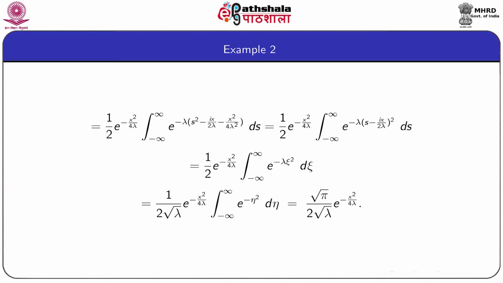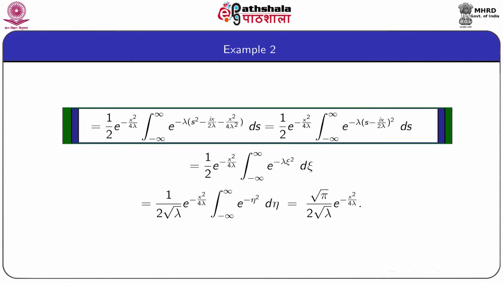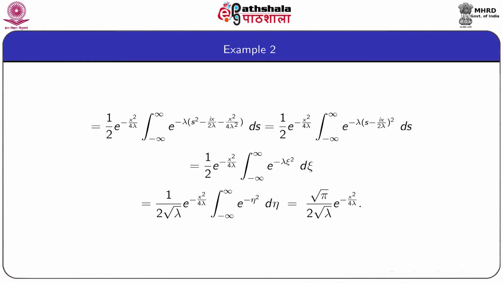Now, we can again simplify this inner integral as half of e^(−x²/4λ) integral from minus infinity to plus infinity e^(−λ(s² − ix/λ s − x²/4λ²)) ds. That is, from the previous step we arrive at this step by multiplying and dividing by the term e^(−x²/4λ).